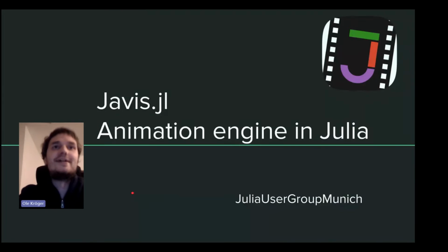Thanks, Stefan. So the talk today is about Javis.jl, which is an animation engine written in Julia. I think we created it about 3-4 years ago, together with Jacob Zelko, who you might know as the Zeta Prince. He's also streaming on Twitch a couple of times.